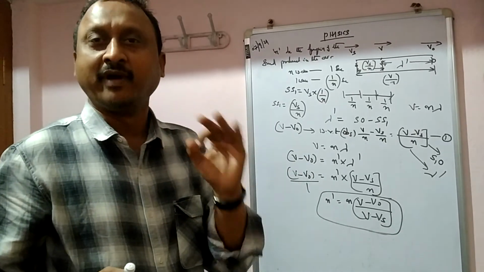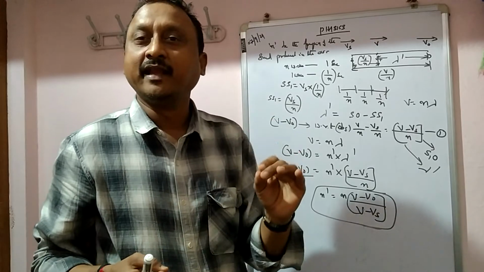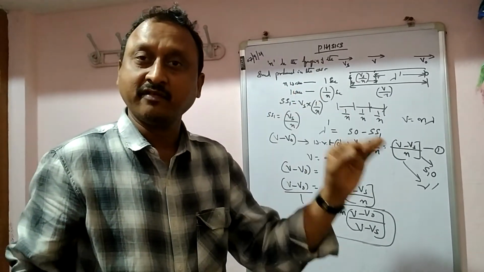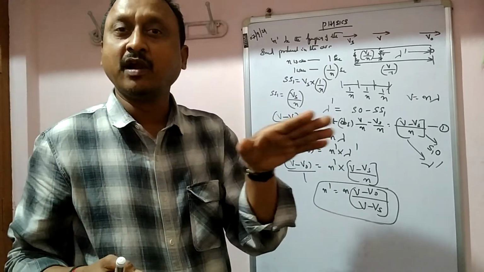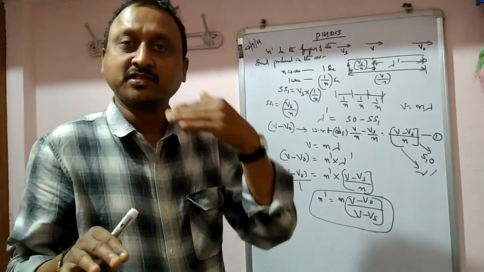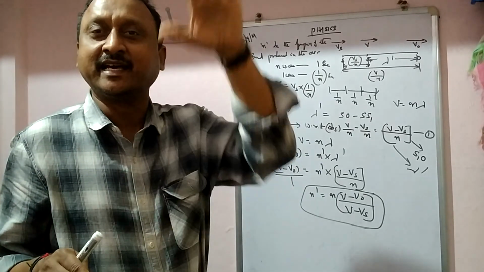One thing you have to keep in mind: the Doppler effect is only possible when there is relative motion. If the observer and the source of sound are both at rest, there will not be any apparent change in the frequency of sound. The sound will be the same as what the source produces; there will be no increase or decrease.